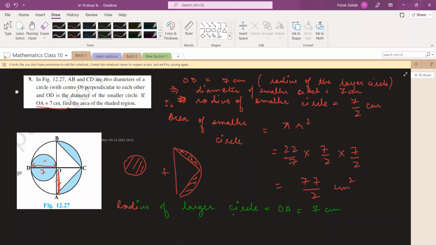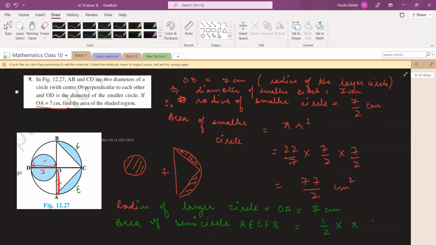So we know the radius, so we can find the area of the semicircle. So area of semicircle. Now how to identify it? We can mark 2 points. Let us say this is E and this is F. So we can name it like this: A, E, C, F, B to identify. So this is half of the area of the circle.